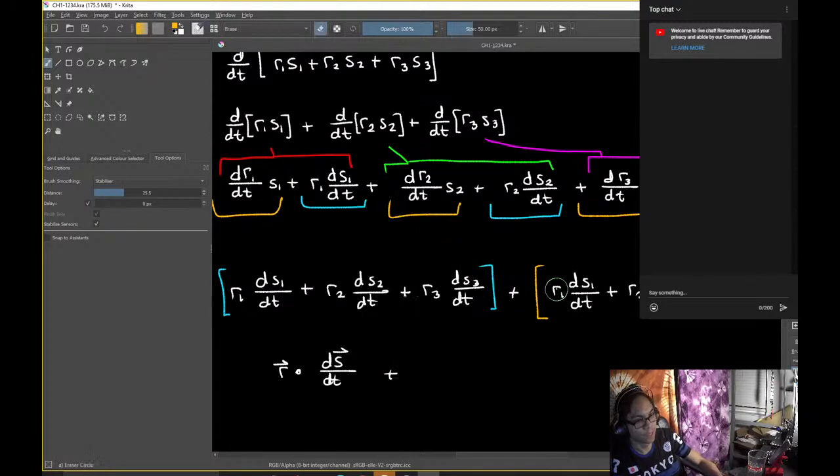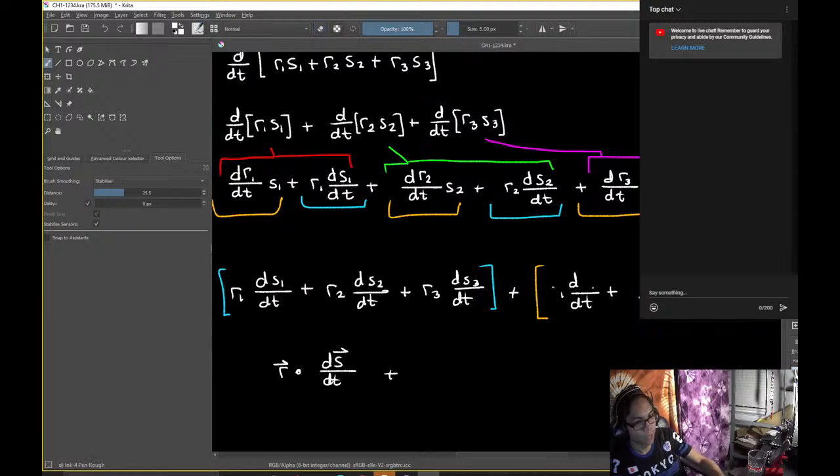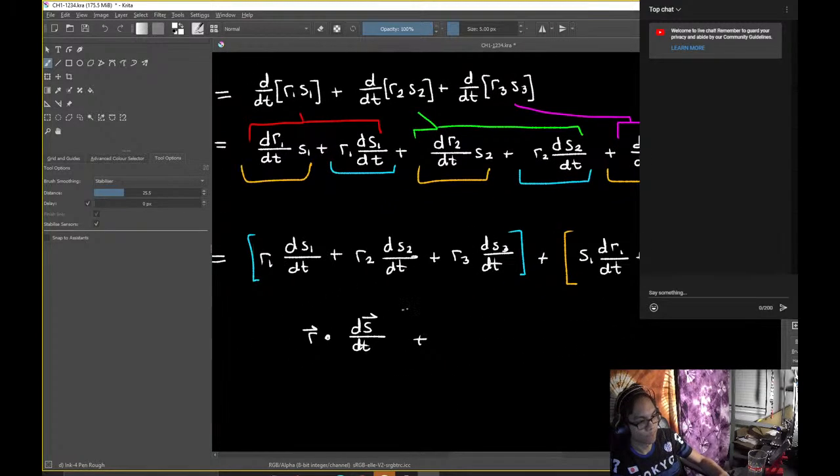So this is going to be S right here. It's going to be S here. Okay, make sure it's S. Good. R1. Nice. And then R2. R3. S3. Got it. There you go.